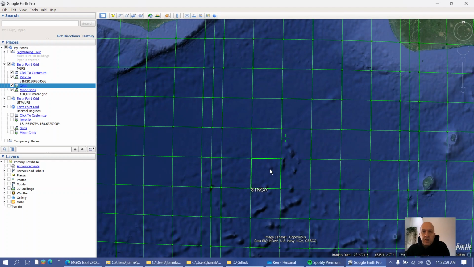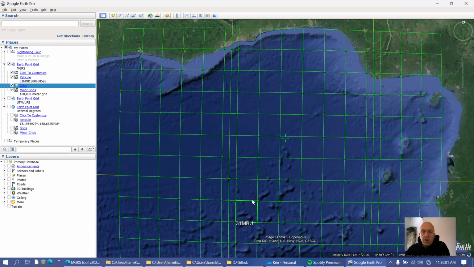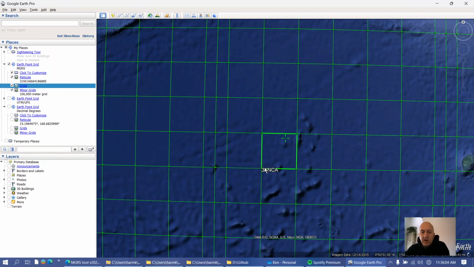Okay, so that's how, oh, and inside each one of those squares, we measure 100,000 meters all the way across and 100,000 meters tall. So this is 0, 0, and as I go across, how many meters is it across and how many meters high to get a point that's inside here.